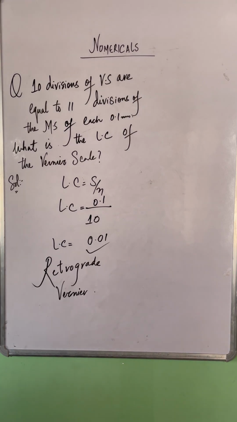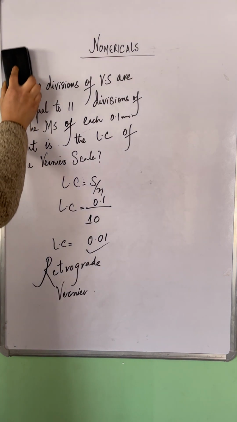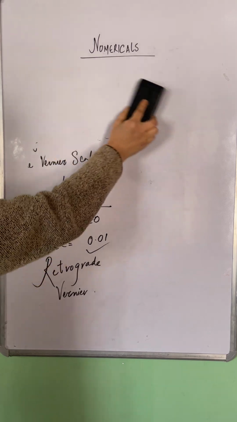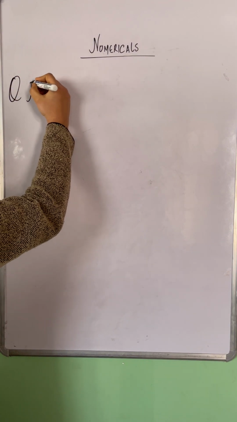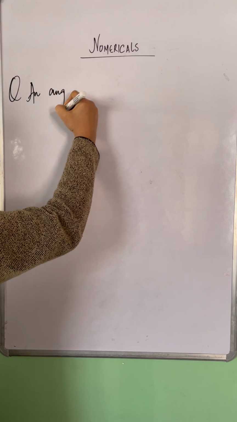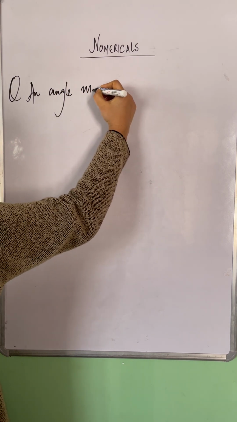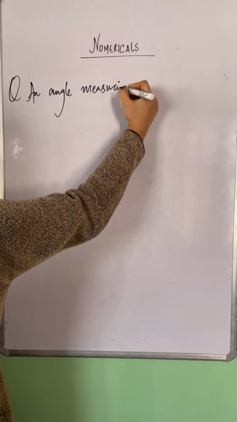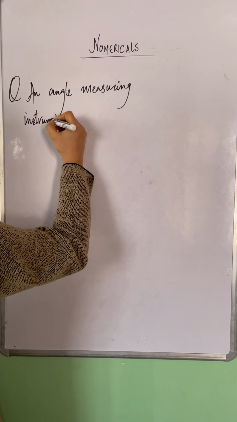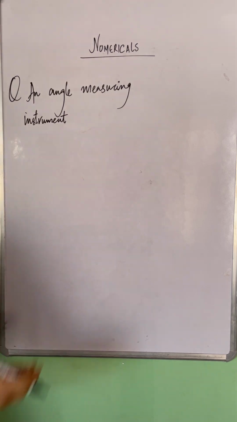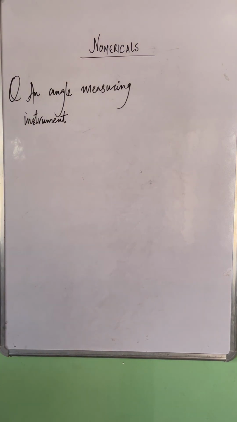Okay. The next question is, an angle measuring instrument reading up to 1/6 of a degree.